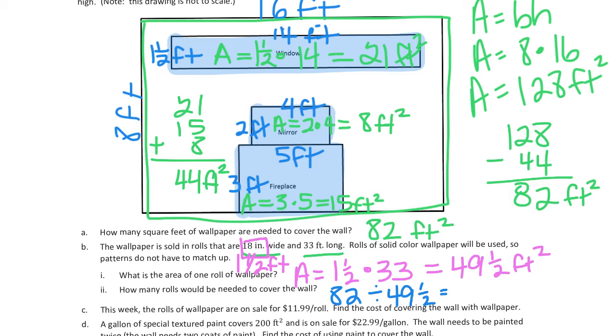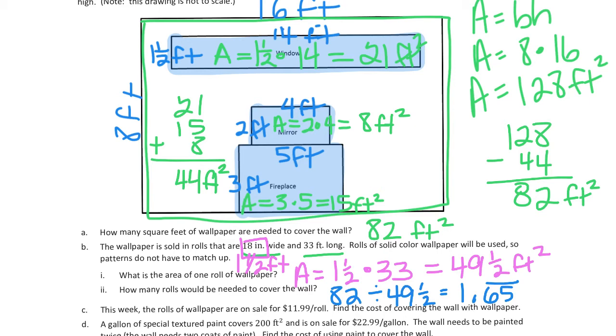And when I get that answer, I see an answer that has 1, a decimal point, and a 6 and a 5 that keep repeating. If you see a 7 at the end of your screen, that means that your calculator rounded when it ran out of room. So it didn't come out even, but that's okay because when I go to the store, they're not going to sell me part of a roll.